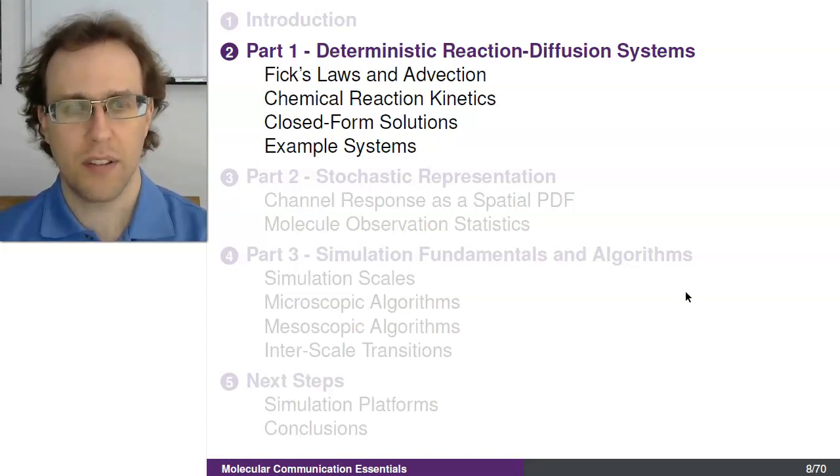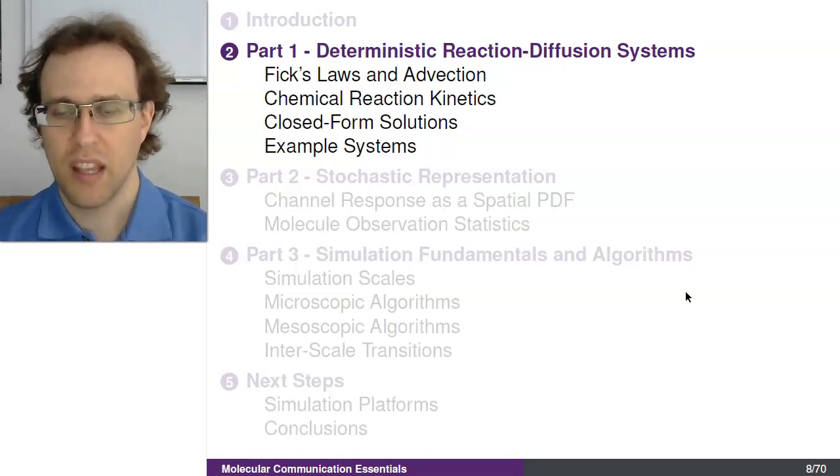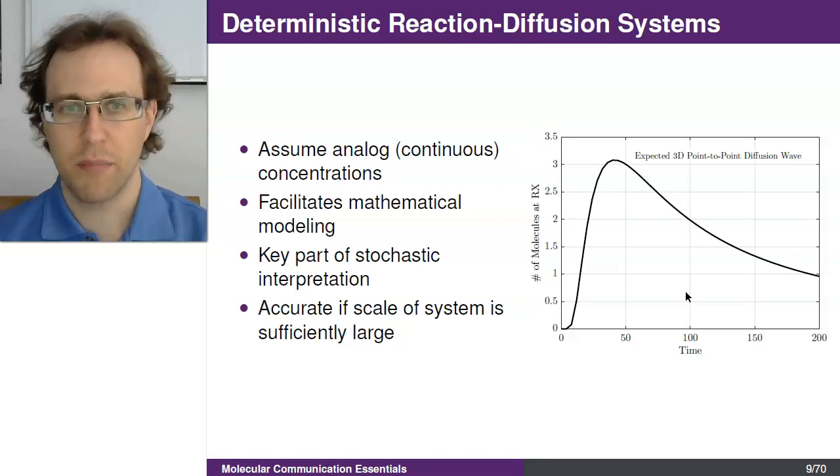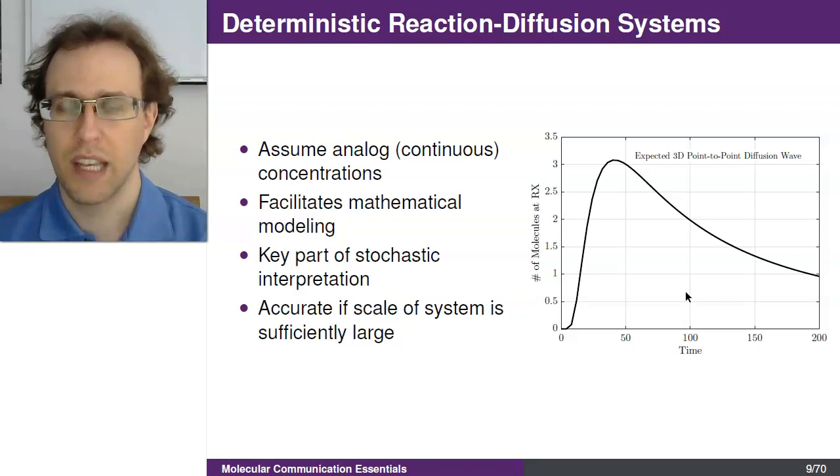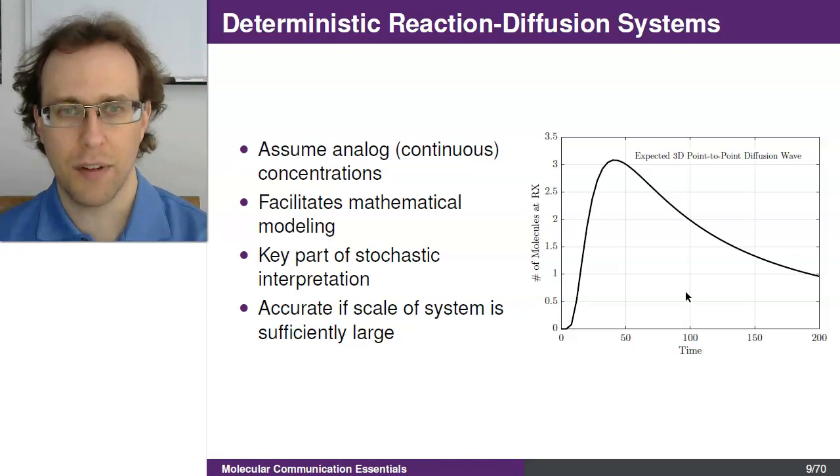So this first part of the tutorial is going to be covering deterministic reaction diffusion systems. And just to give a bit of motivation for why we're interested in deterministic reaction diffusion systems: the behavior at a micro scale of molecular phenomena can often be quite noisy.